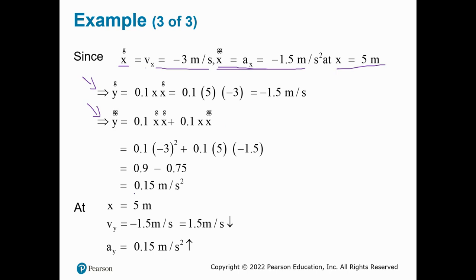That will give me y double dot, the acceleration component on the y. Okay, and overall that gives me, at x equals 5 meters, the y value of the velocity and the y value of the acceleration as well. Okay.